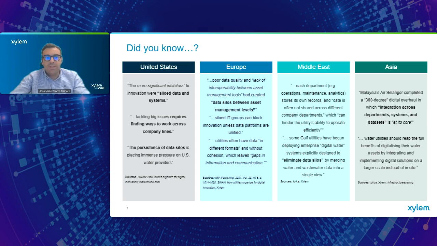And proof of that is that different surveys, including different utility managers, repeatedly cite isolated legacy systems as a barrier to digital innovation. In this slide, we just highlight some findings from recent studies and examples in the US, Europe, Middle East, and Asia. So I won't go over all the information, but just leave it in there. And if any of you is interested in the references, I'm glad to provide that.